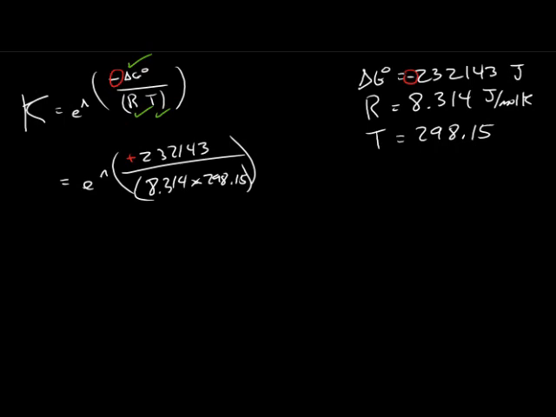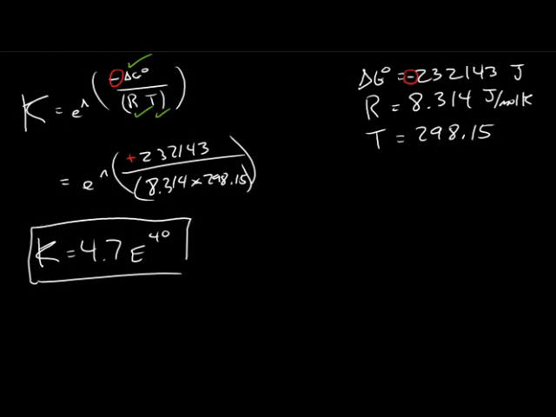We'll punch all of this into a calculator. The K value that we'll get will be 4.7 times 10 to the 40th power. Don't be too surprised if you get extremely high or extremely low K values when you do this calculation. Even 1 volt worth of potential can give you a massive, massive equilibrium constant.